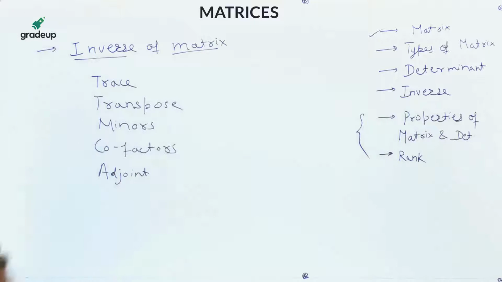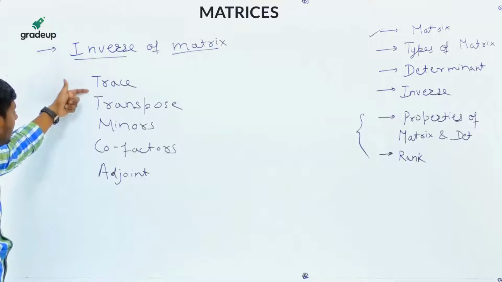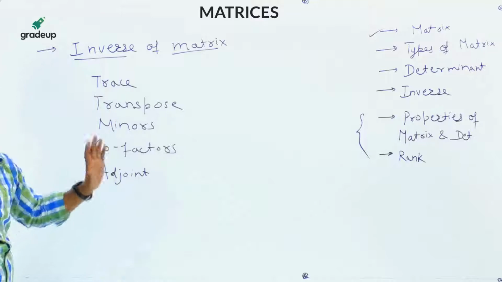These are the terms we need to be familiar with, and how to find the trace, transpose, minor, cofactor and adjoint with the help of a matrix.